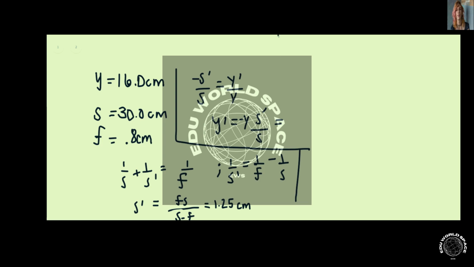So I'm going to plug that into a calculator. Okay, 1.25 divided by 30, and then we want to multiply it by the height of the original, which is 16. That means the image height is 0.667 centimeters.